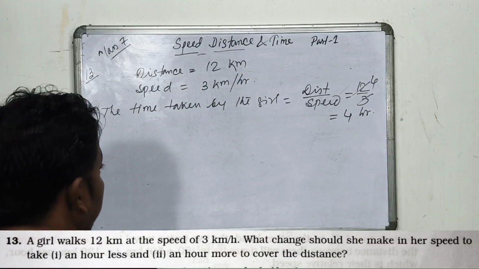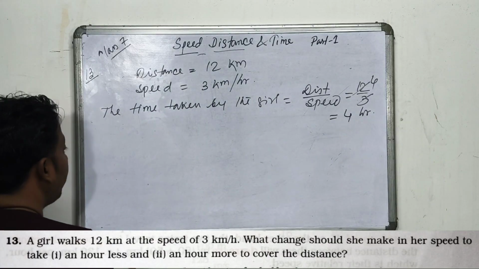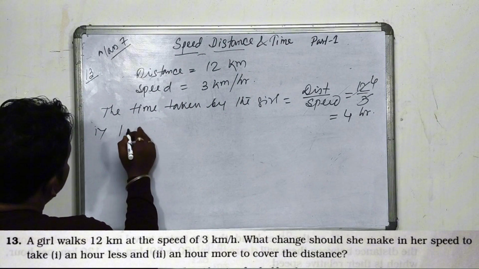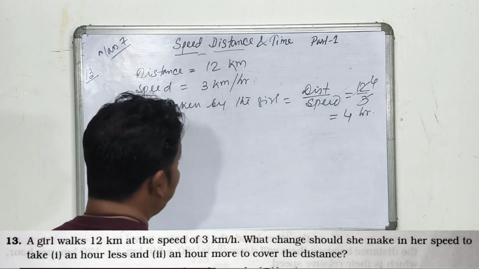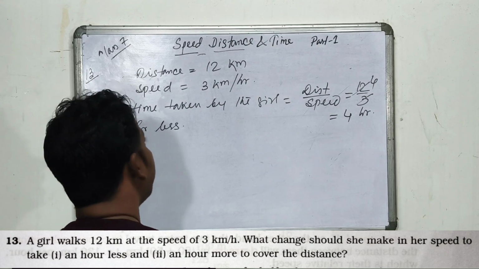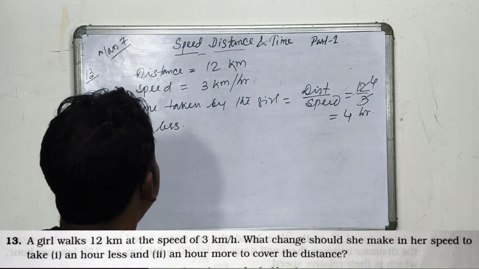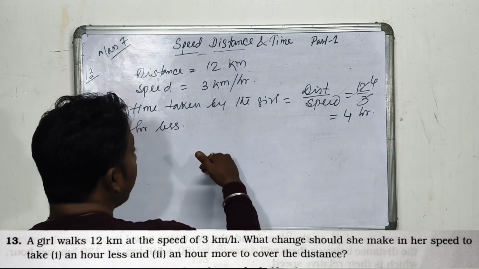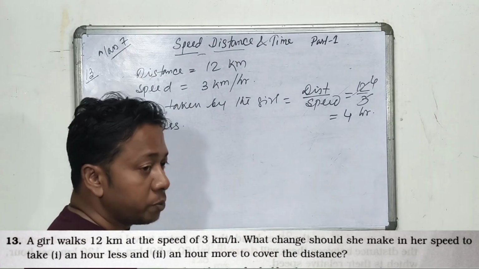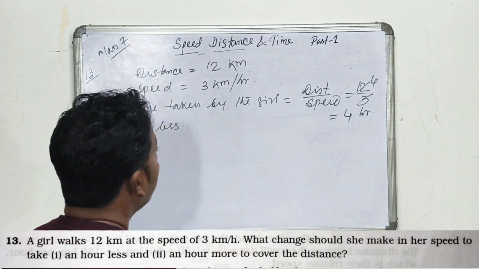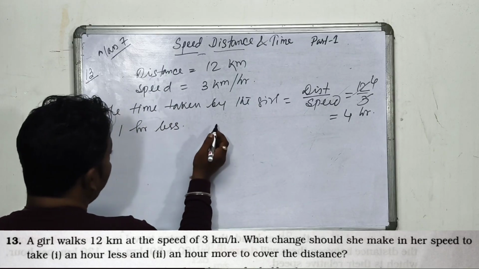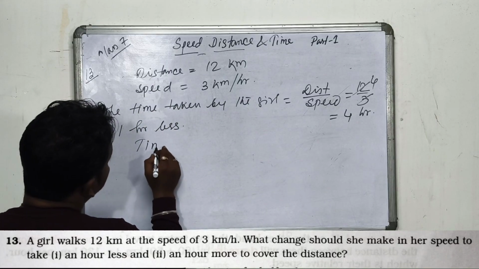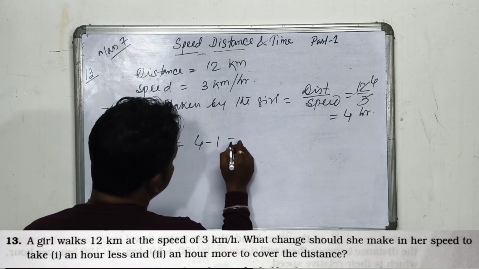That means the girl has to cover the same distance in 1 hour less, so you have to change your speed. The time should be 4 minus 1, 3 hours.